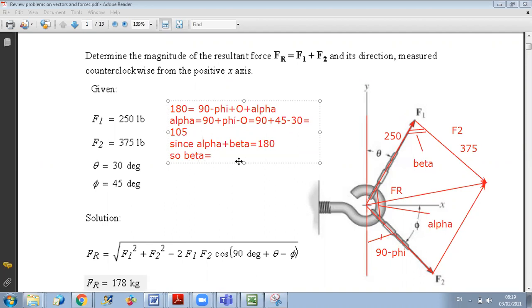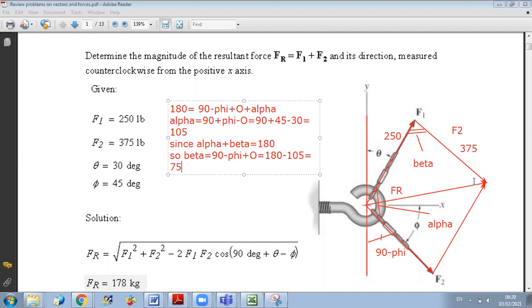Because if you do 180 minus 90 minus φ plus θ, you get 90 minus φ plus θ. Or, since you have already calculated alpha, you can directly say it is 180 minus 105, which is equal to 75. So once I get this angle, which is beta, it's done.